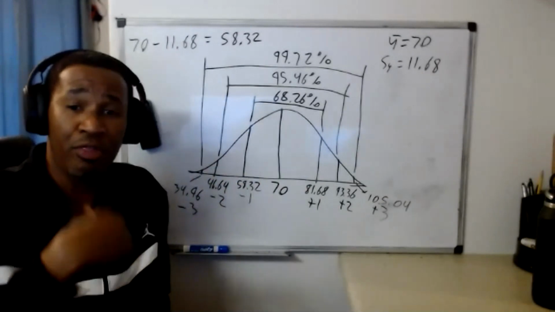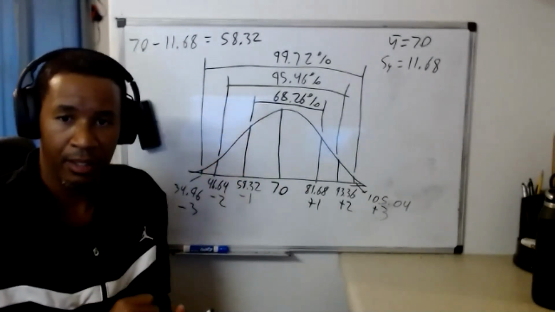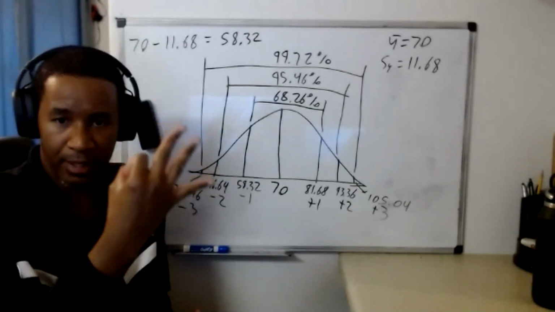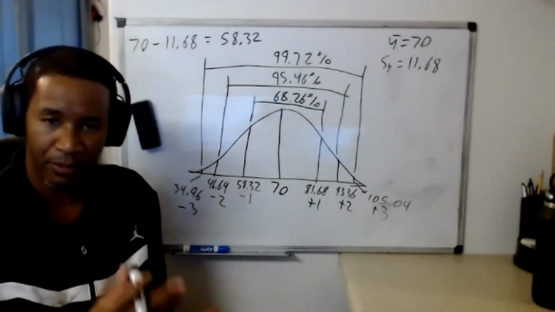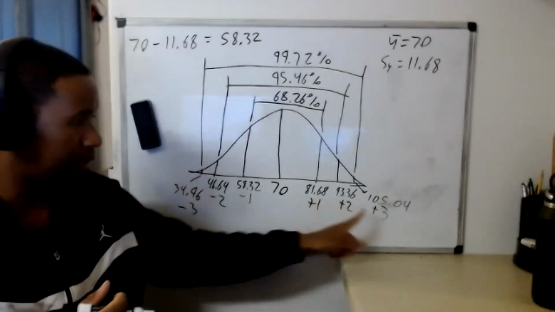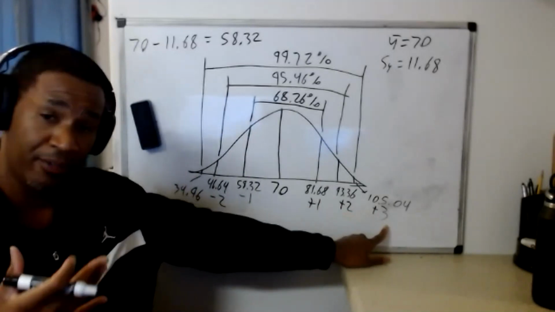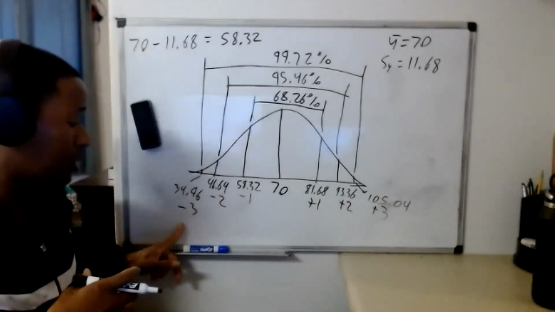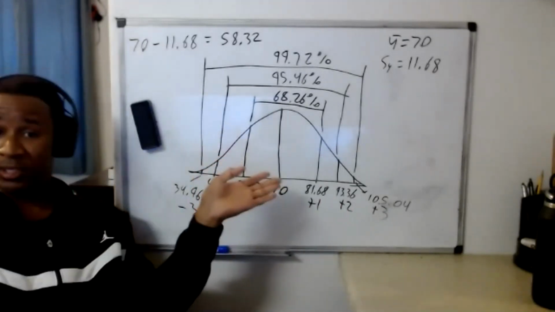And then 3 standard deviations above is 11.68 plus 11.68 plus 11.68, or 11.68 times 3, which gives me 35.04. 35.04 added to 70 gives me 105.04. 35.04 subtracted from 70 gives me 34.96. Okay, so that's how we got these numbers down here.